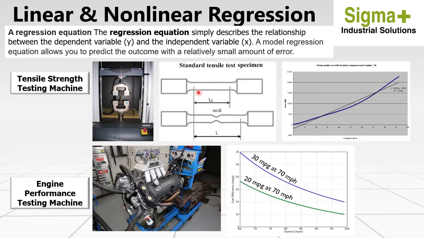Those who are working in metallurgy or materials engineering are very familiar with this type of machine, where they use different types of materials and metal specimens. In this machine you fix the specimen in that area, and the jaw starts to pull the specimen until it cracks, and the machine plots the elongation happening in the specimen versus the tensile strength.